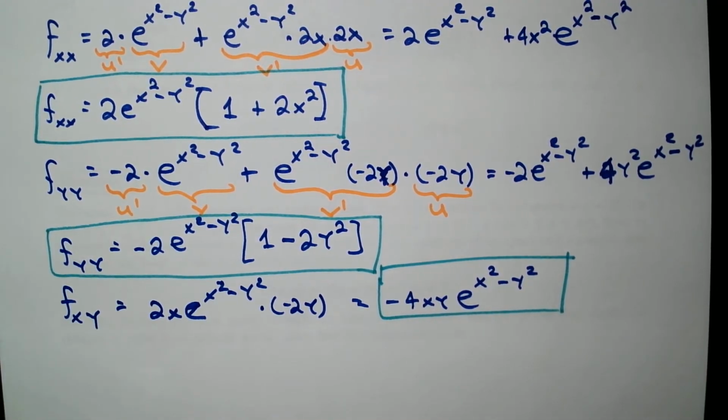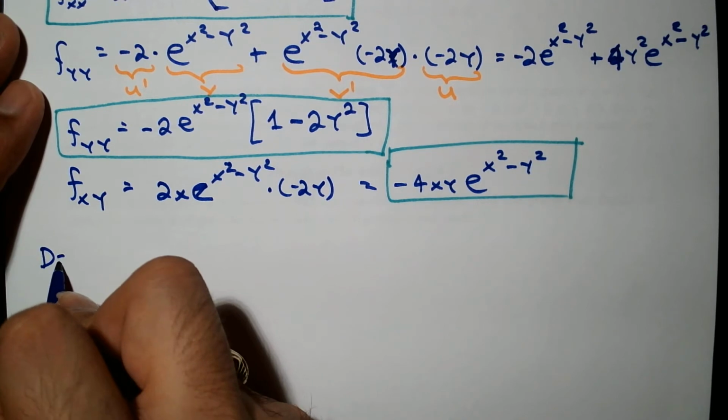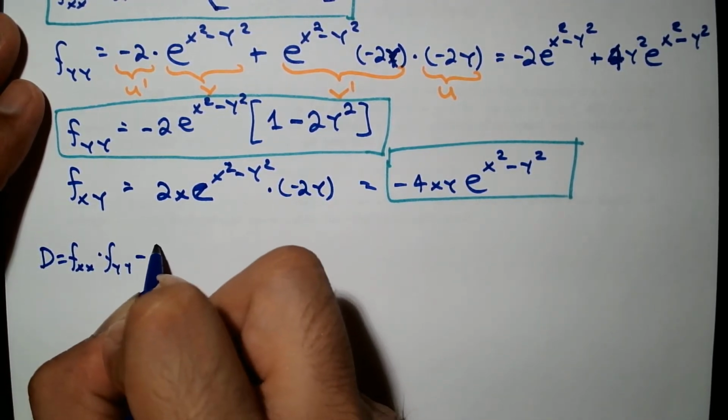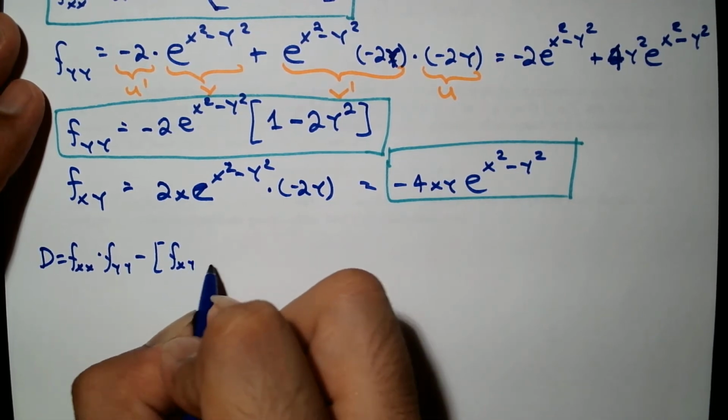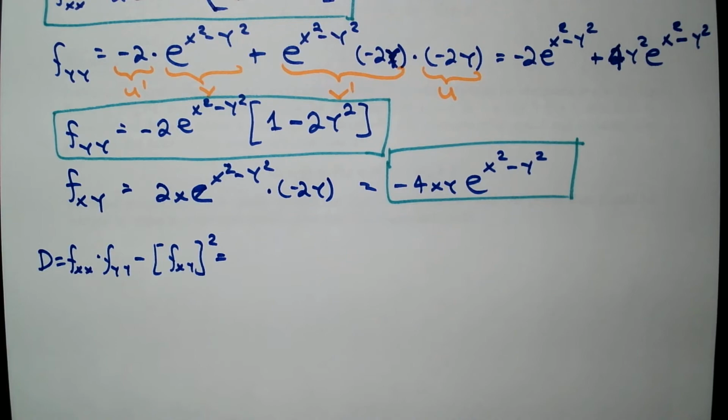Okay, now we have all the information to form our D. So D, which is fxx times fyy minus fxy quantity squared. Okay, how are we going to do that?